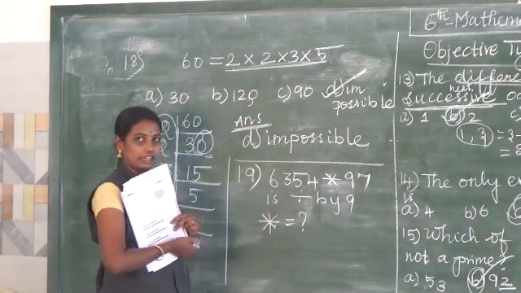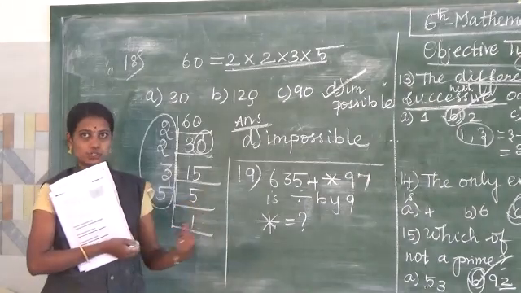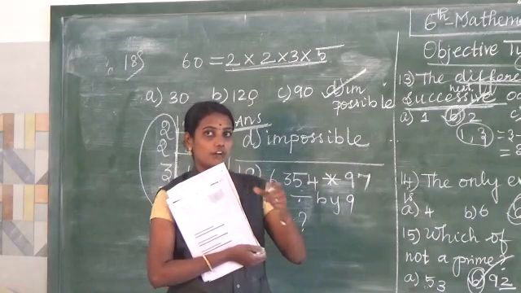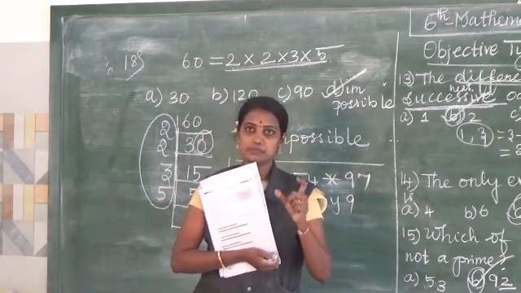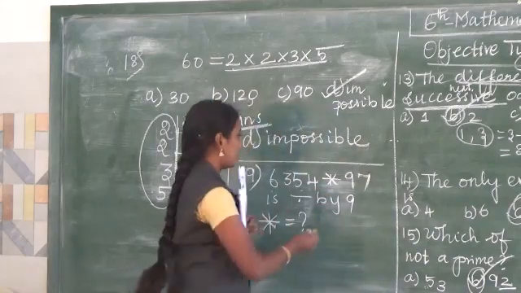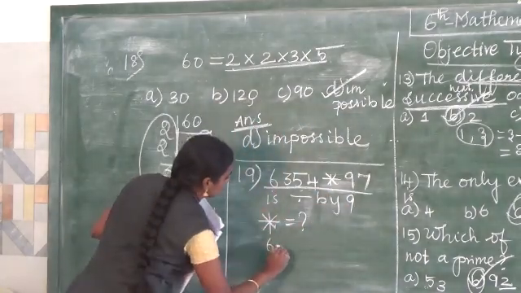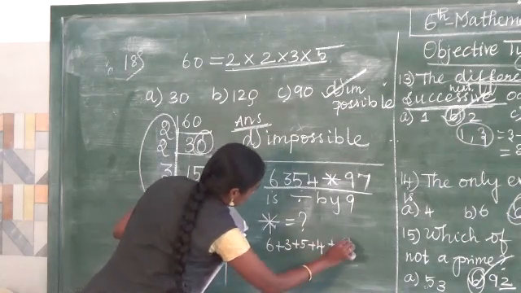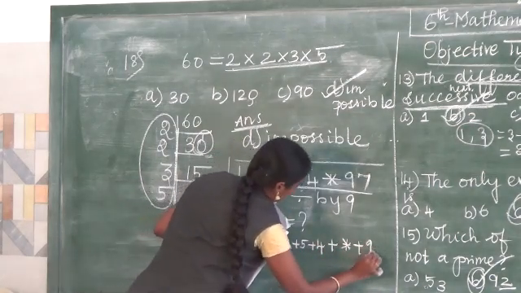We are going to find out from the divisibility rules. Divisibility rules of 3 and 9 are the same. If the sum of the digits is divisible by 9, the given number is divisible by 9. So add these numbers: 6 plus 3 plus 5 plus 4 plus the star, 9 plus 7.